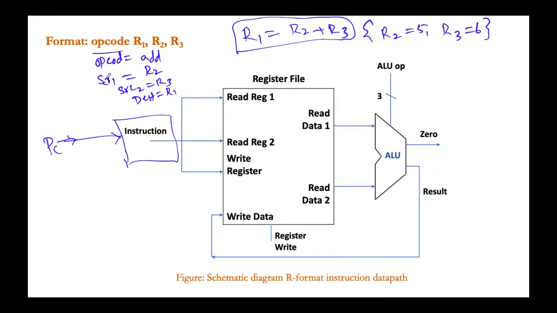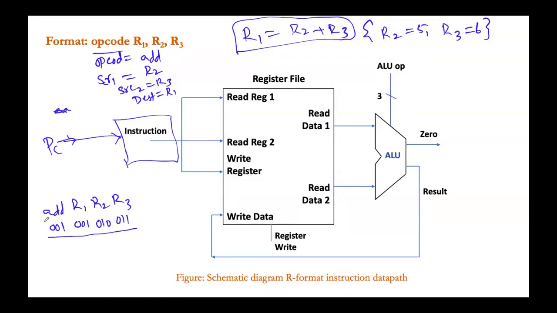This instruction memory is holding the instruction add, and you can write here add R1, R2 and R3. For add, suppose the 3-bit representation in binary is 001. For R1 it is 001, R2 it is 010, R3 it is 011.